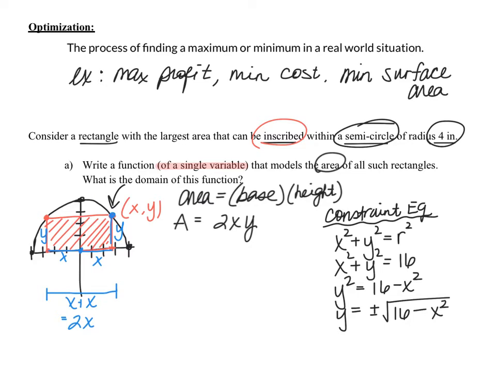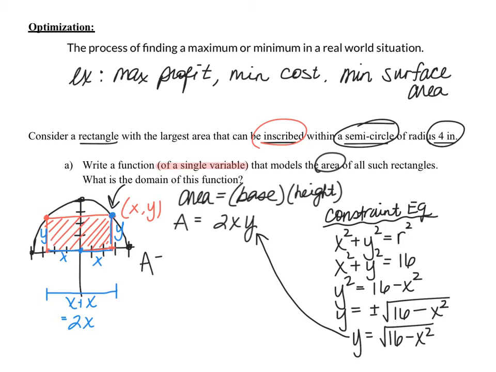Now, if I were to plot this on my graphing calculator, the positive would get me the top half of the circle. The negative would get me the bottom half of the circle. In this case, I really only need the top half of the circle because this is a semicircle. So I'm just going to go ahead and use the positive value, which would be the square root of 16 minus x squared, and then I'm going to substitute that equation into my area model.